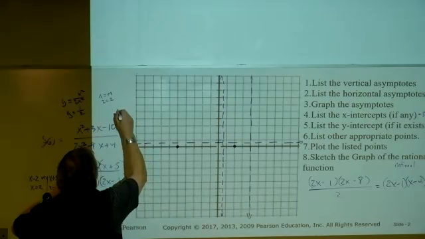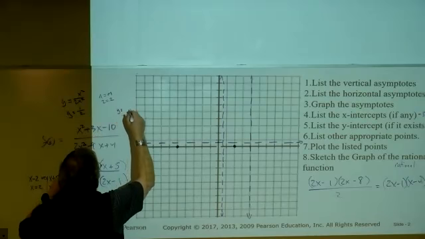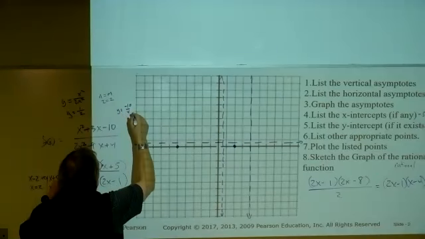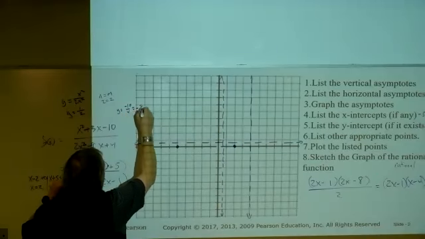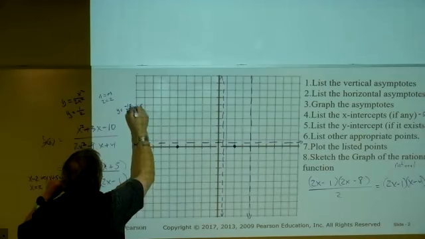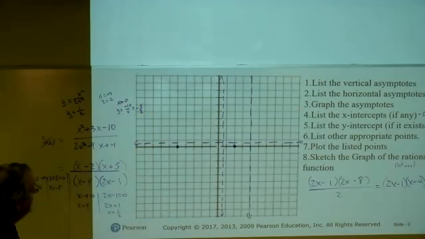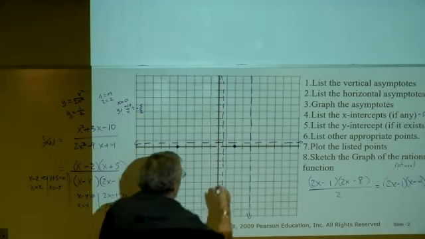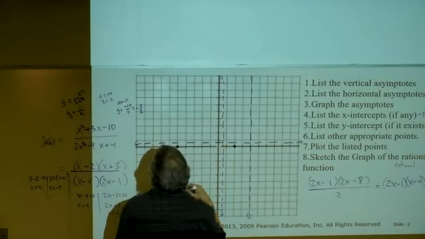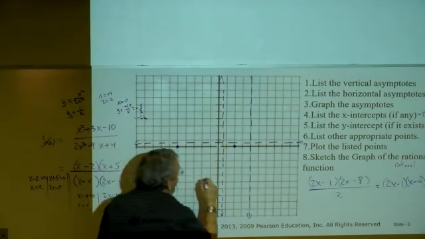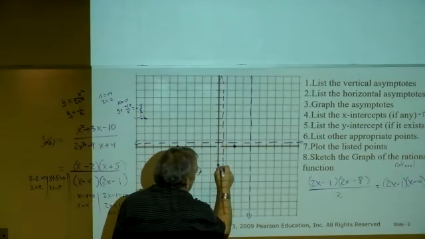So y will equal -10/4 or -5/2. So when x is 0, we come down to -5/2. Writing that as a decimal, I get -2.5. So -2.5 is here.